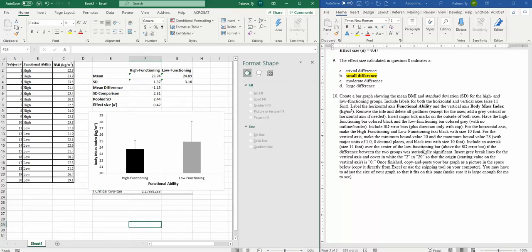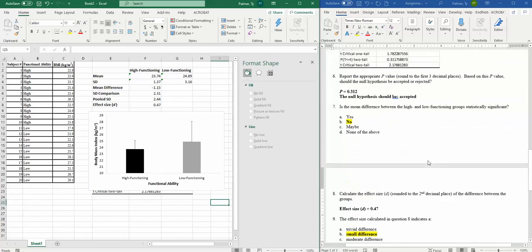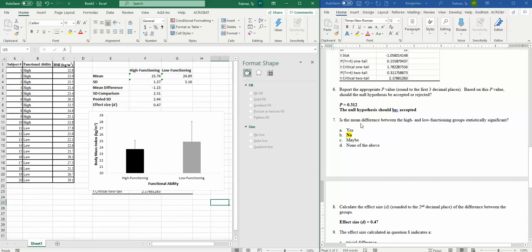That looks good. Okay, it says include an asterisk over the center of the low functioning bar above the SD error bar if the difference between the groups was statistically significant. Now, in my example here, did I find a statistical significance between these two groups? Again, if you go back to question 7, it asked that: is the mean difference between the two groups statistically significant?